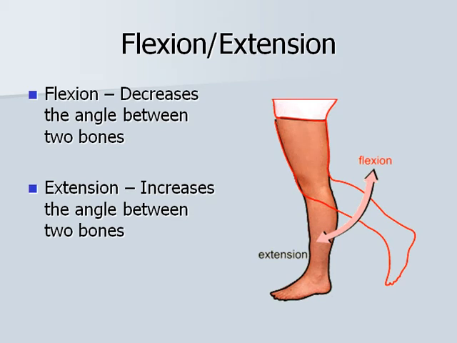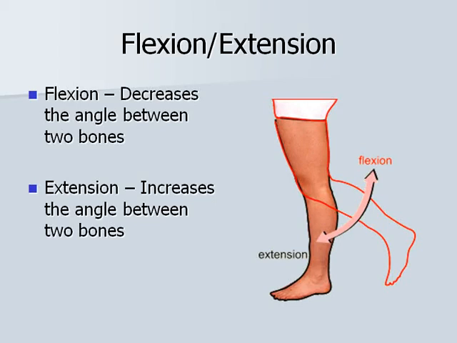If you take any part of your body and decrease from 180, that's flexing. So I'm at 180. Now my upper limb is at 90. That's flexing. My lower limb is at 180. Now it's at 90. That's flexing. My entire body is at 180. Now it's at 90. Head, neck, 180, 90.